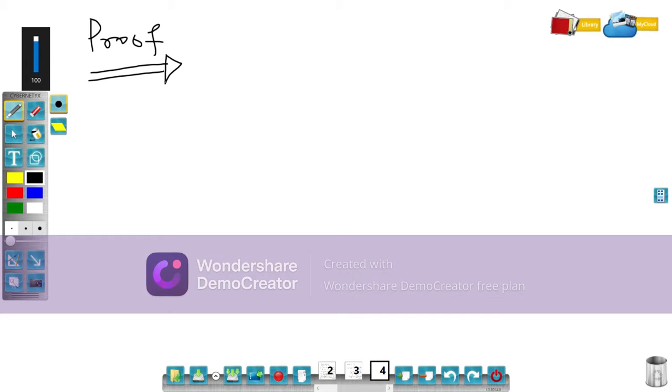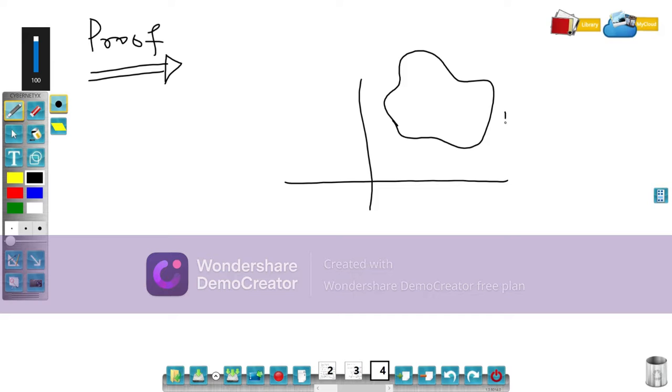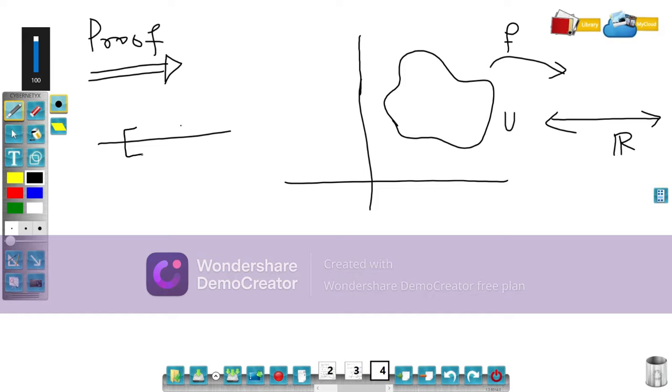So f is a function from U, a subset of R2, to R. Suppose this is my U, which is part of R2, and here it is my R. So f is defined from U, a subset of R2, to R. And now let me define a function small r, where every t is in [0, 1].